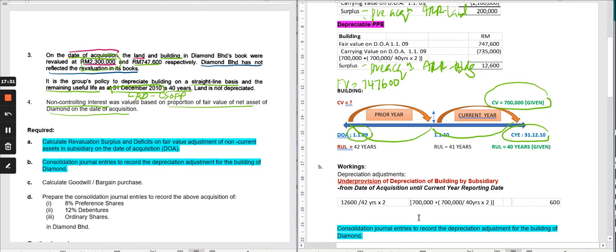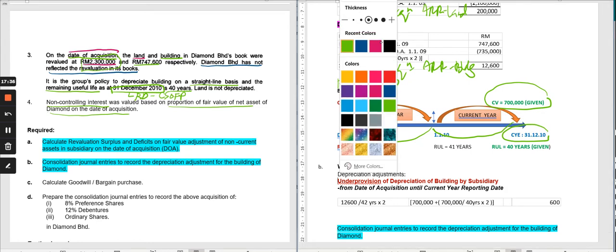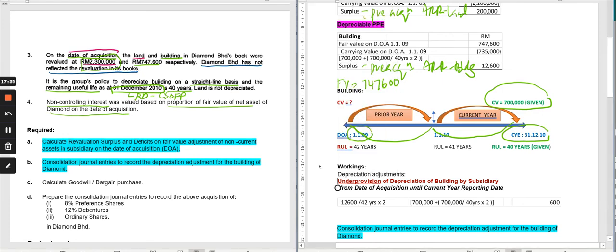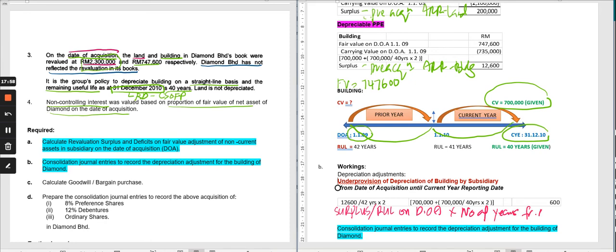the surplus, and the surplus is, I'm going to write for you, okay, take the surplus and divide by the remaining useful life on the date of acquisition, and multiply with the number of years from the date of acquisition till the current financial year end, or the reporting date, right?